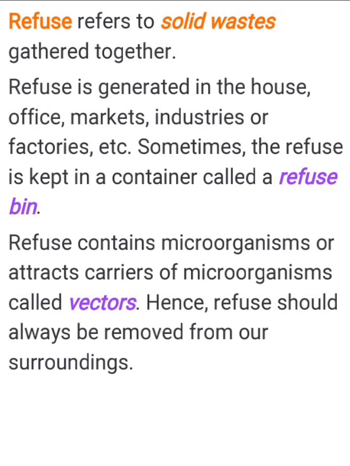Refuse attracts rodents, insects like cockroaches, and sometimes mosquitoes. For example, the mosquito is a vector of Plasmodium, a microorganism that causes malaria. Sometimes a rodent is a carrier of the Lassa fever virus.